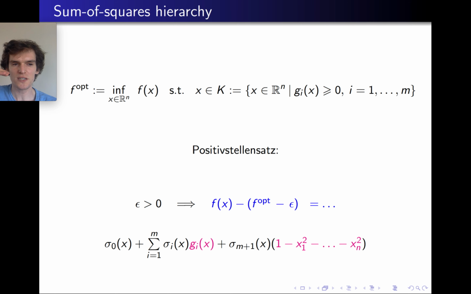So as close as you'd like, you can always find a sum of squares decomposition. And so the idea for the hierarchy is just to take these sums of squares to be of bigger and bigger degree and try to maximize that lower bound. We're guaranteed, because of what is written here in front of you, that this is going to converge towards the infimum. We can get as close as we'd like to the infimum by taking sums of squares with bigger and bigger degree.